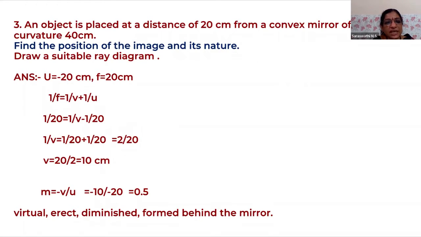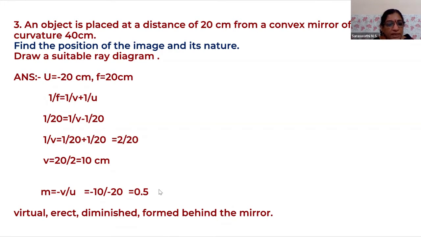U is always negative. Focal length is positive because it is a convex mirror. So 1 by f is equal to 1 by v plus 1 by u. So 1 by 20 is equal to 1 by v minus 1 by 20. When you take that onto the other side, 1 by v equals 1 by 20 plus 1 by 20, 2 by 20. So v is equal to 10 centimeter.